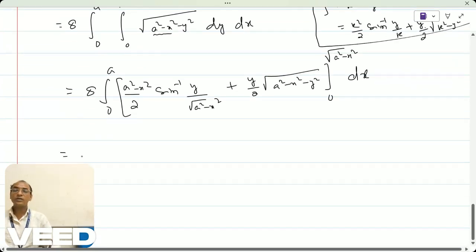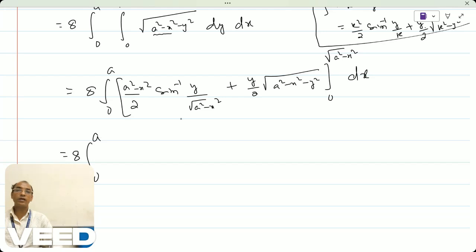Now this is equal to 8 integration 0 to a. Since I integrated with respect to y, I have to put the limit of y wherever y is there: upper limit root of a square minus x square, lower limit 0.